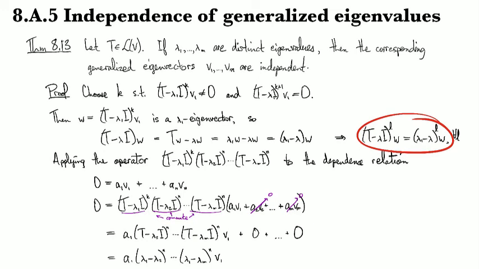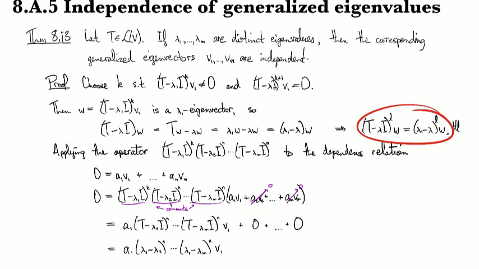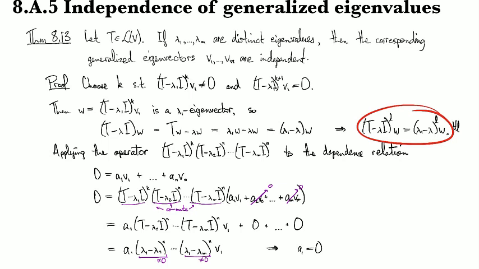Since we're assuming that these eigenvalues are different, none of these terms are going to be equal to 0. So the only way that this whole expression can equal 0, since v1 as a generalized eigenvector is forbidden from being 0, is that a1 has to be equal to 0.